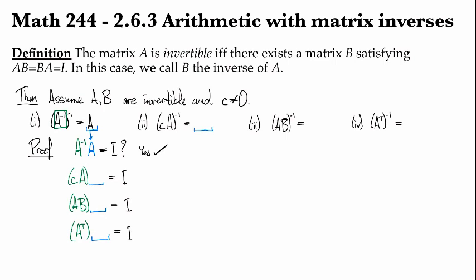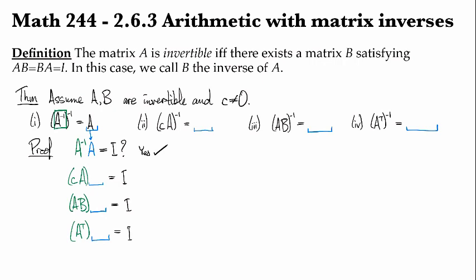Okay, so I want you to pause the video now and figure out what each of these blue blanks should be for parts 2, 3, and 4 of the theorem. Fill in those blanks on your scratch paper, and then restart the video and we'll check your answers.